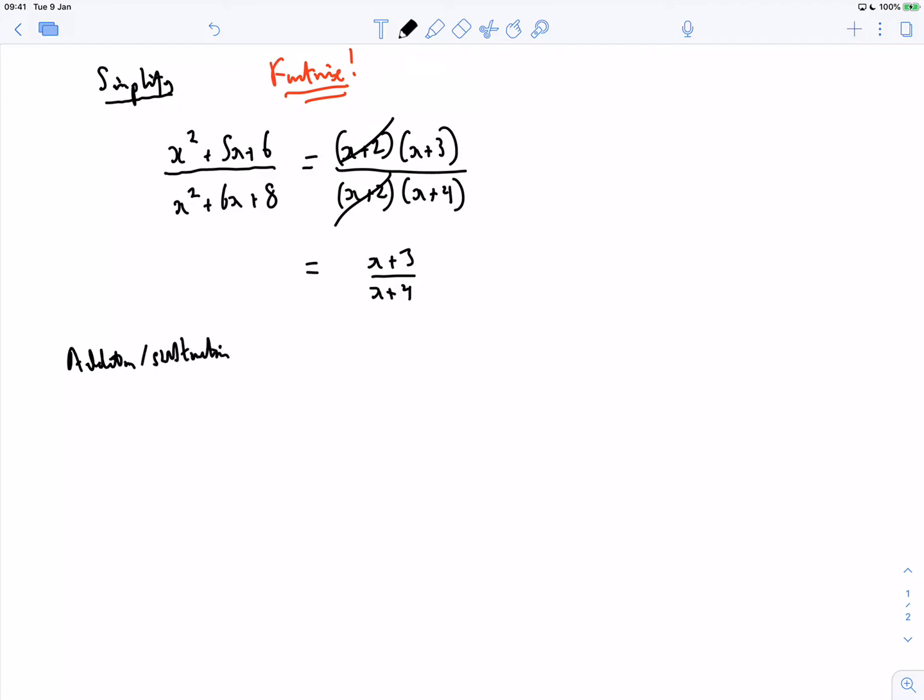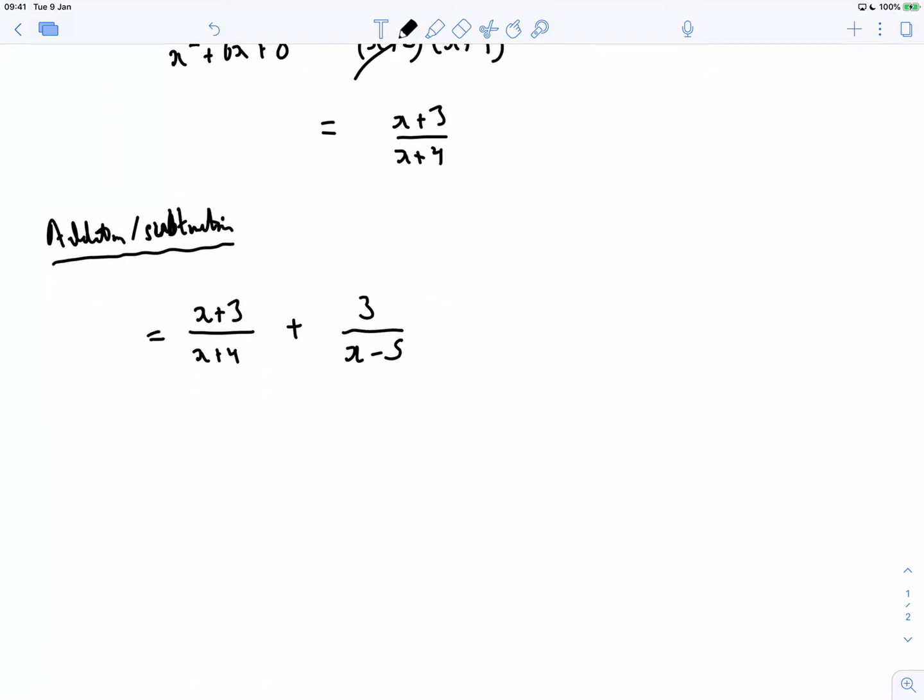Next thing I wanted to talk about is addition and subtraction. And this is really easy as well, because all you have to do is get a common denominator. So let's say I've got x plus 3 over x plus 4, and I want to add 3 over x minus 5. Then this is just going to be all over x plus 4 times by x minus 5, common denominator.